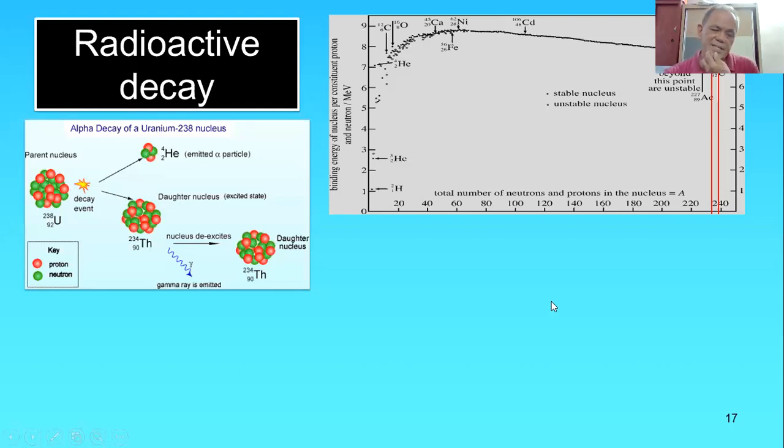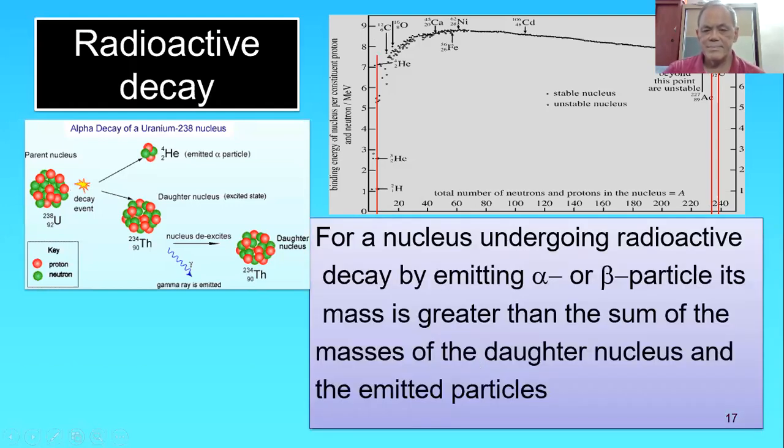Uranium-238, when decaying by alpha decay, gives you thorium. Thorium is slightly away from it, but the binding energy per nucleon increases. Alpha is here. If we look at mass, this is greater mass than these two together. If we look at binding energy per nucleon, this one has a greater binding energy per nucleon than the parent.